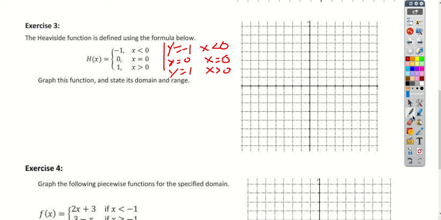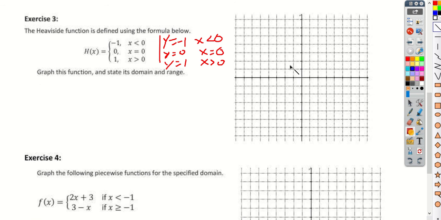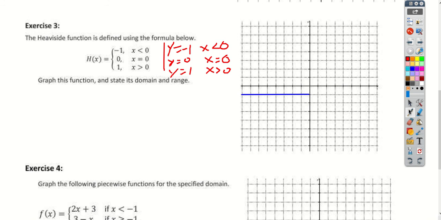So anything less than 0, so that's anything negative, uses the graph y equals -1. So it's going to be a line going this direction. Okay, and it's going to continue on forever. So we're going to put that arrowhead, and we're going to do it in blue because we want to be consistent.